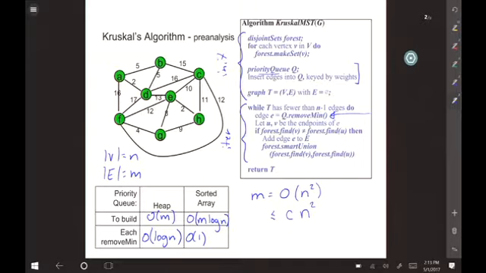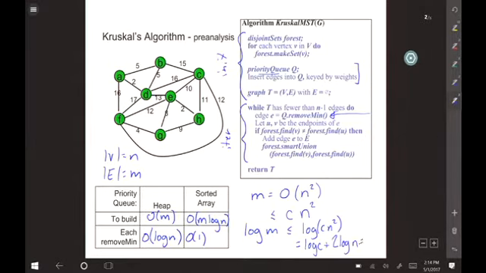Now, because log is an increasing function, we can take the log of both sides and the inequality will still hold. So log m is less than or equal to log of cn squared, but your math teacher would snarl at you if you wrote it this way. Instead, you should write it as log c plus 2 log n, yeah?